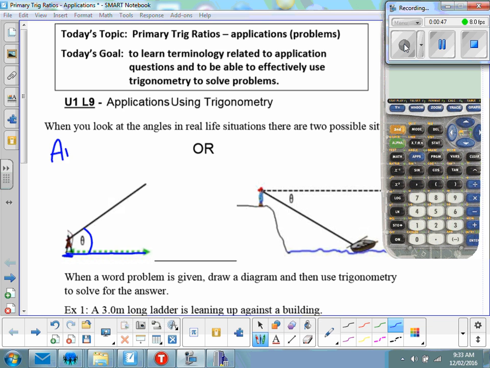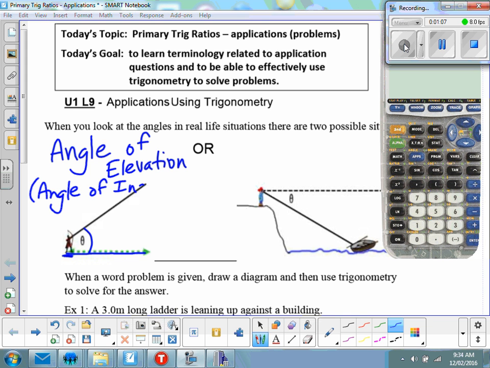And when an angle is created like that, we call it the angle of elevation. So kind of like the angle going up. And it's also referred to as the angle of inclination as well. So inclination, like the word incline, means going up.